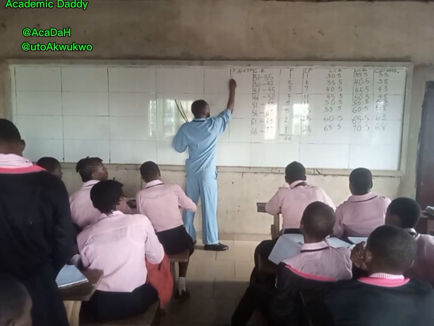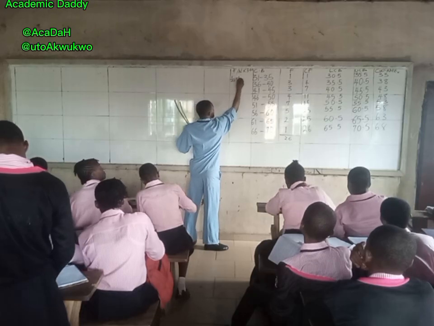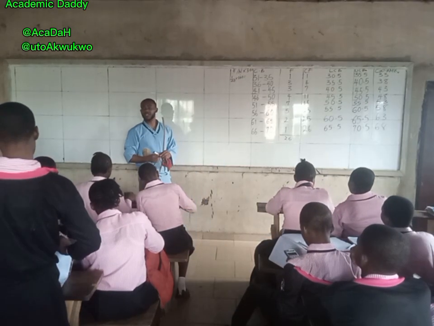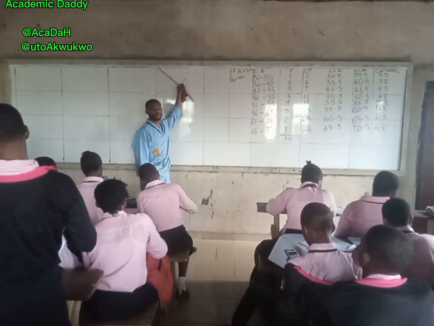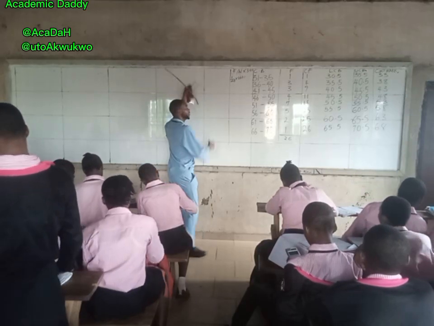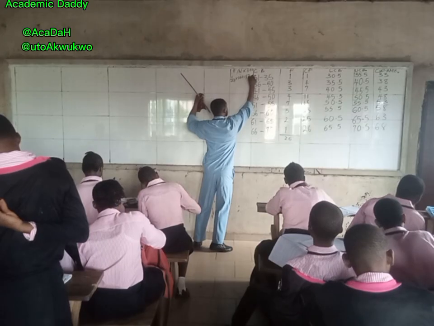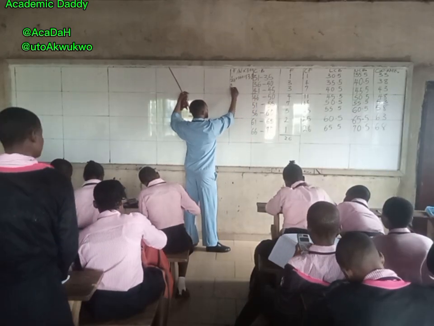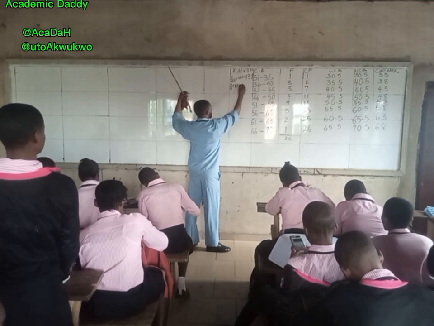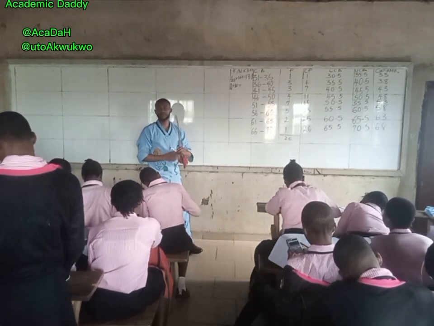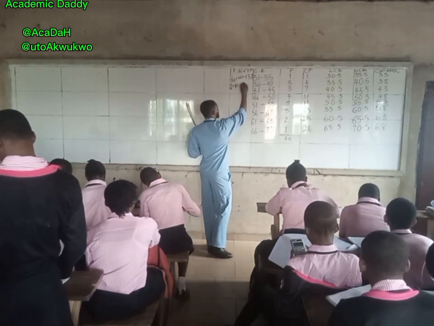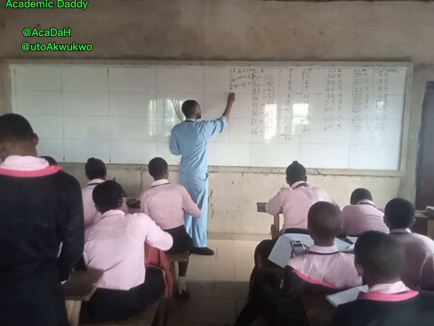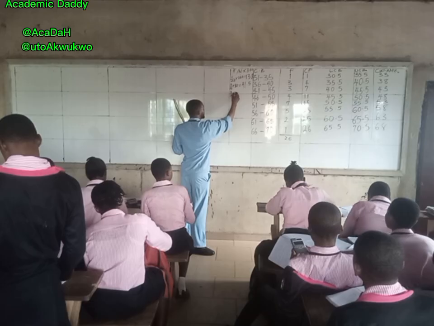So I'll do 1/26 times 360. What do you have? 13.8. Then the next one, 3/26 times 360 equals to what? 41.5.